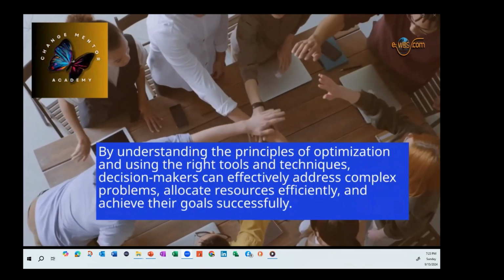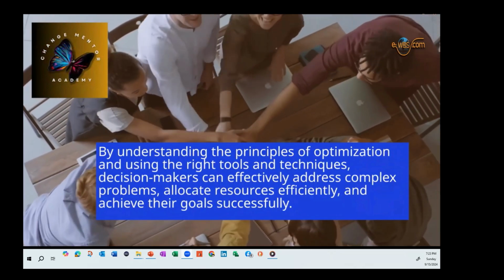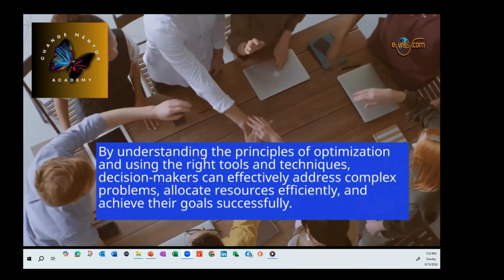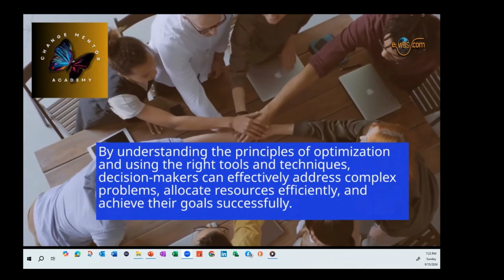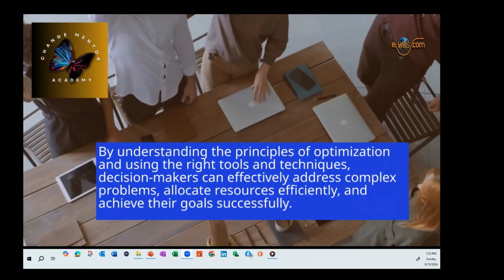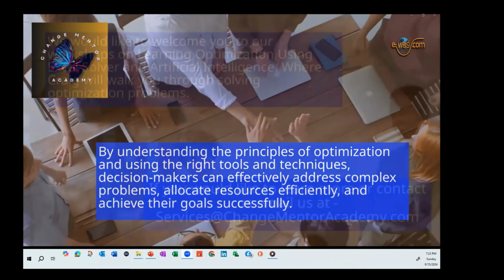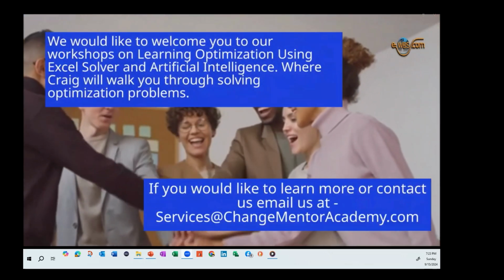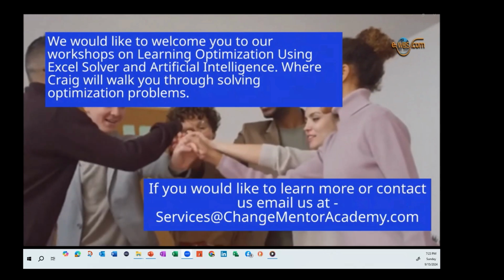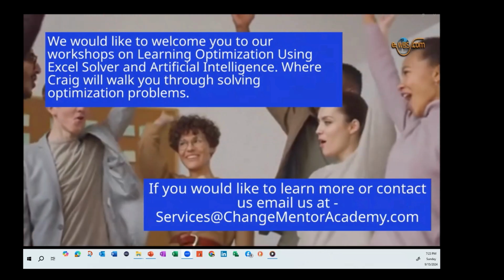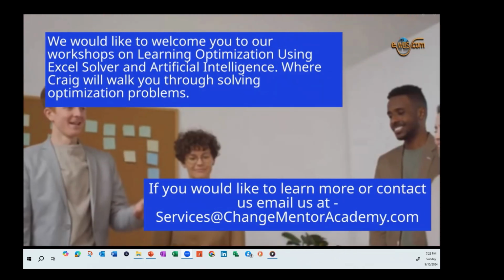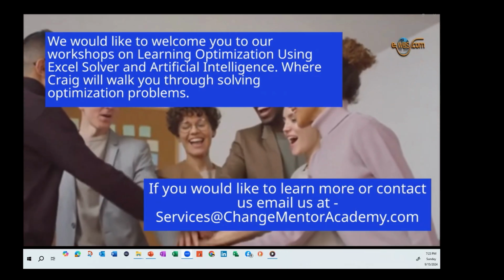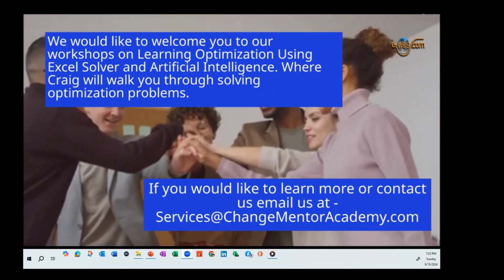By understanding the principles of optimization and using the right tools and techniques, decision-makers can effectively address complex problems, allocate resources efficiently, and achieve their goals successfully. We would like to welcome you to our workshops on learning optimization using Excel Solver and artificial intelligence. During the workshops, Craig Stevens will walk you through solving optimization problems using easy-to-understand techniques.